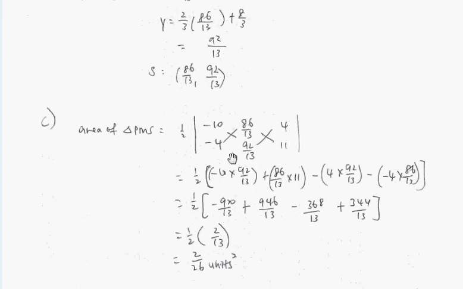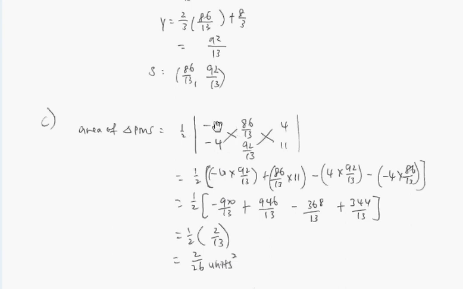To find the area of triangle PMS, we can use the shoelace method, which is half times the coordinate of P, which is -10, -4, the coordinate of S, which is 86 over 13 and 92 over 13, and the coordinate of M, which is 4, 11.